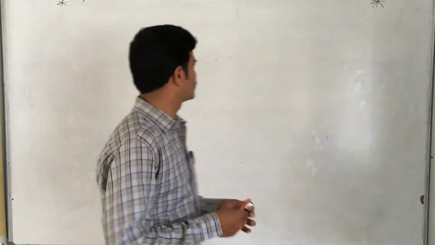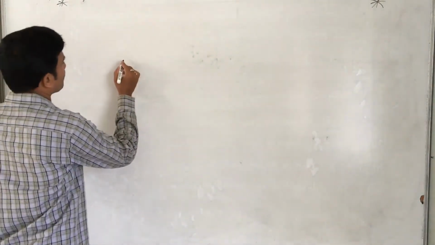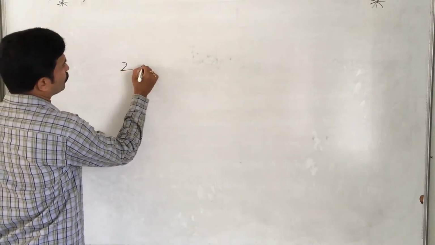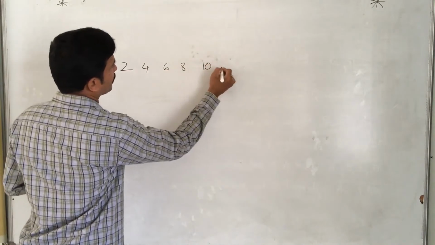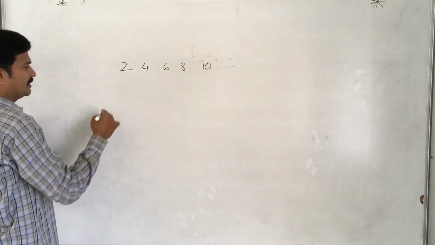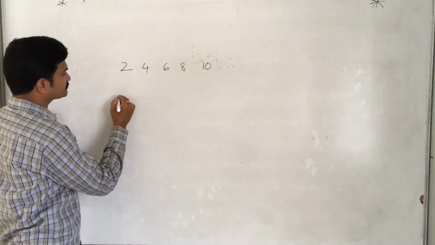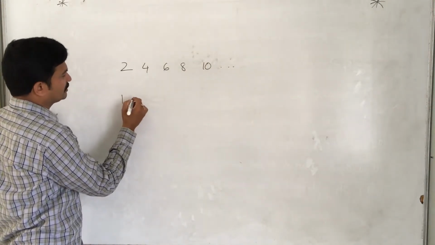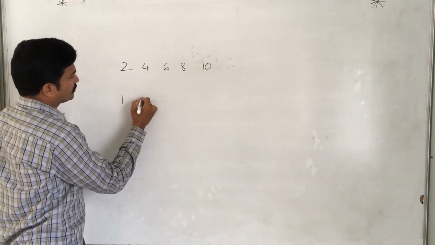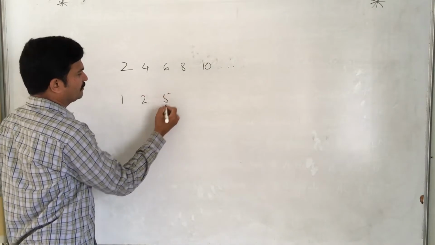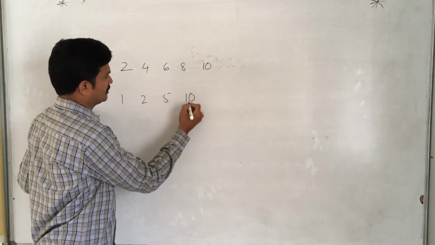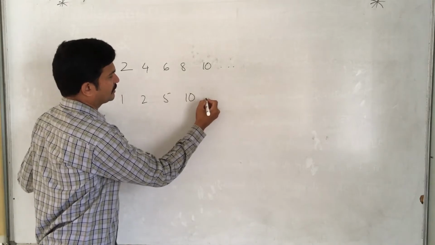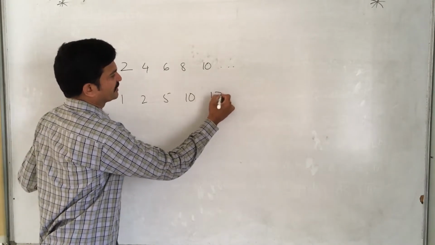Series and sequence. Suppose, let us take here 2, 4, 6, 8, 10, and so on. And coming to here, 1, 2, 5, 10 and 17.